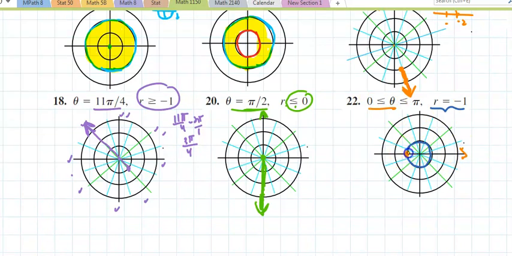Isn't 0, -1 right there? Rotating to pi. If I go pi over 4, -1, pi over 2, -1, 3 pi over 4, -1, and pi, -1. Do you see that you're only tracing the bottom half? Only the bottom half of that circle?